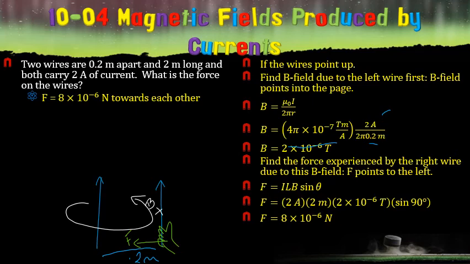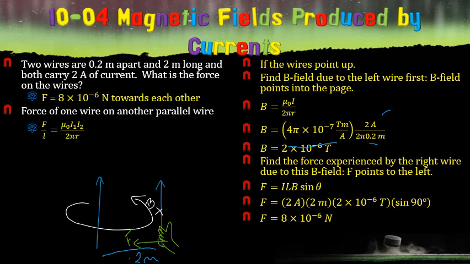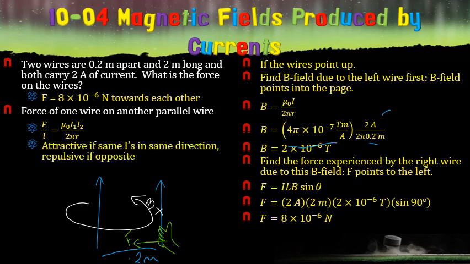If you would like to do this easier, your book gives you a shortcut formula. The force of one wire on another parallel wire is F over L, so that's force divided by length, so force per length, the force per meter, equals mu0 times the current times the other current over 2 pi r, where r is the distance between.